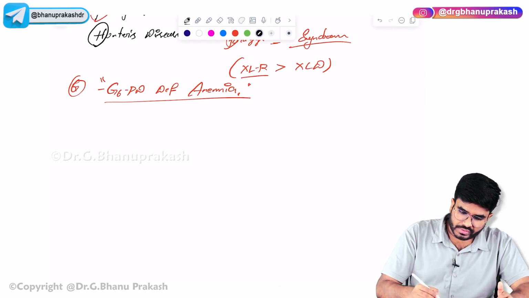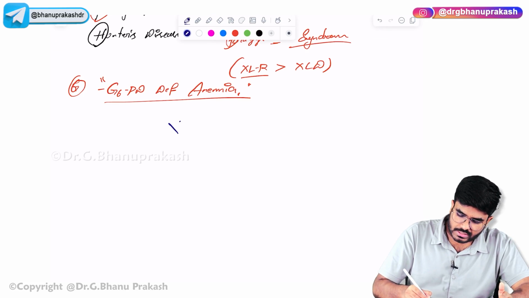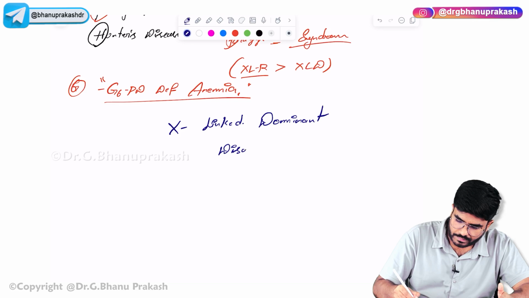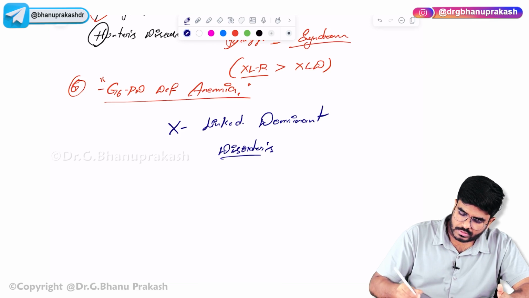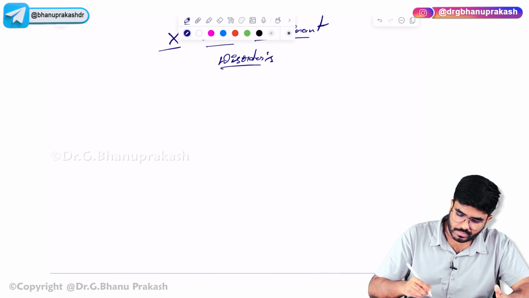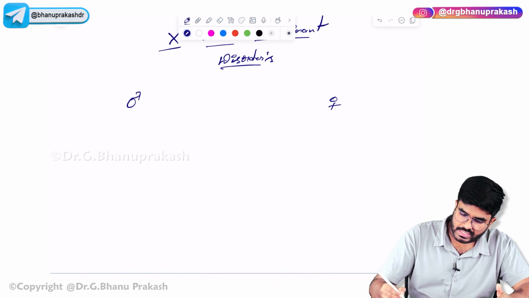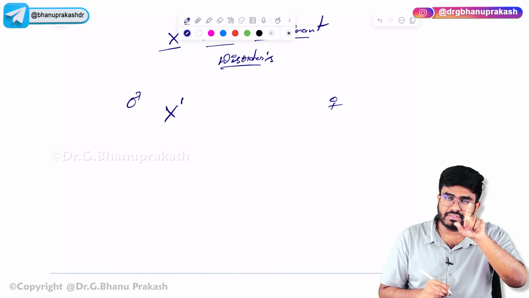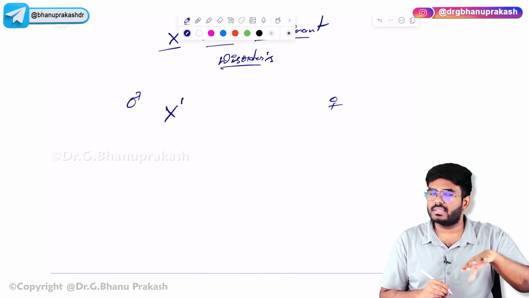Now let's continue with the X-linked dominant disorders. So in X-linked dominant disorders, for example, let's take male as well as female. Father is having a disease, X dash. Here I am representing wherever there is a dash, that's a mutated thing, that's a disease.